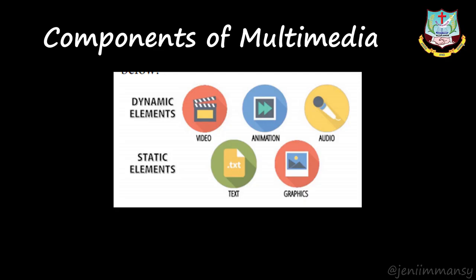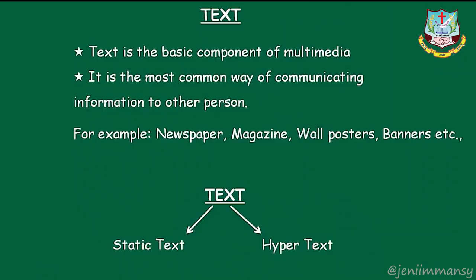We are going to see the components of multimedia in this chapter in detail. You know what text, video, audio, animation, and graphics are. We are going to see the definition and the file formats of the image, text, and all these components of multimedia.